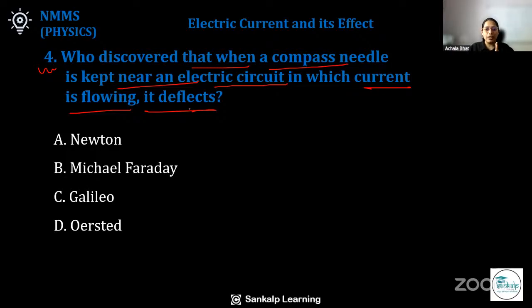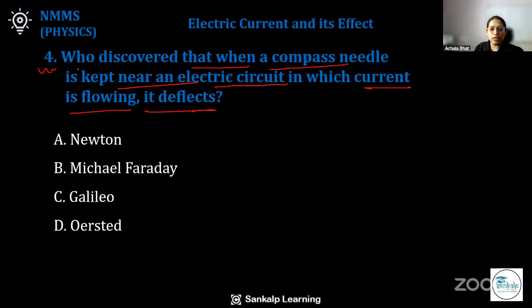Now, when electric current is flowing through a wire, a scientist observed that the magnetic needle is deflecting, which means there is a magnetic field. The electric circuit created the magnetic field.